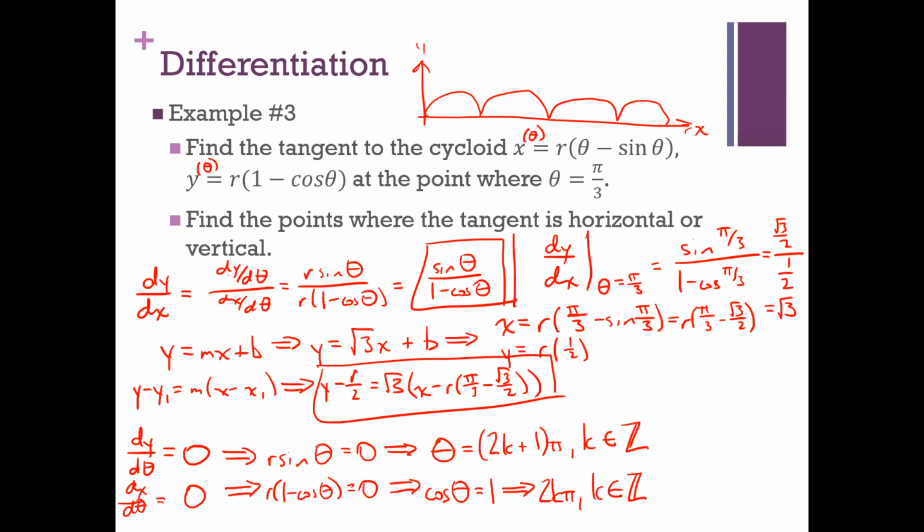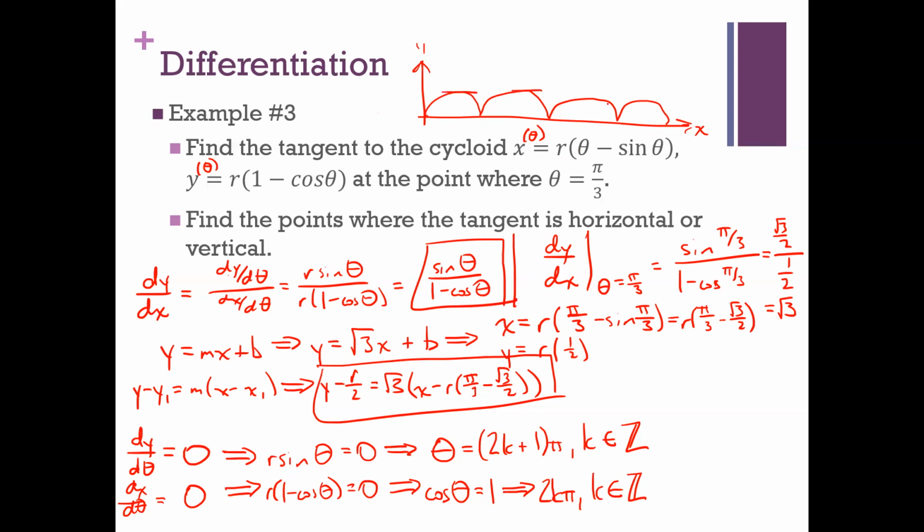So based on this graph we did, where are the horizontal tangents going to show up? If we just think of a bunch of half circles laid out side by side like this, where am I going to get the horizontal tangent? So the 0 slopes are going to happen at the peaks, right?